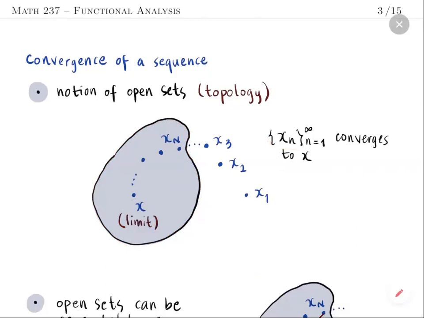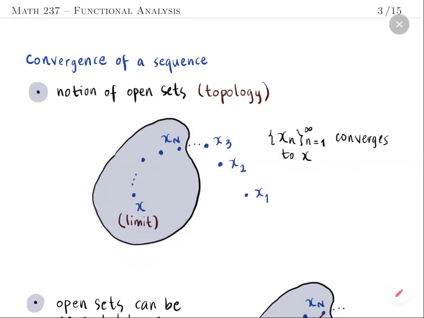So on or after the index n, all of the terms of the sequence lie in the open set. That is the definition of convergence with respect to a topology.